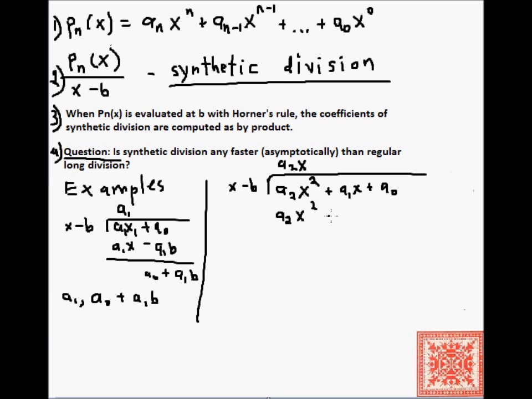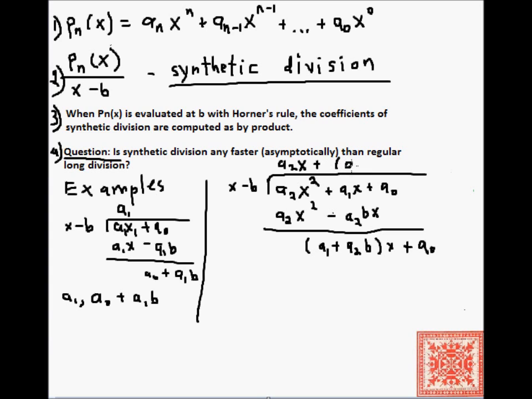Multiplying it by x minus b, we get a2x squared minus a2bx. Okay, now let's subtract that from a2x squared plus a1x plus a0, and we get (a1 plus a2b)x plus a0.